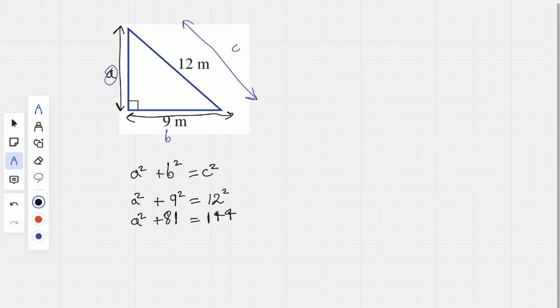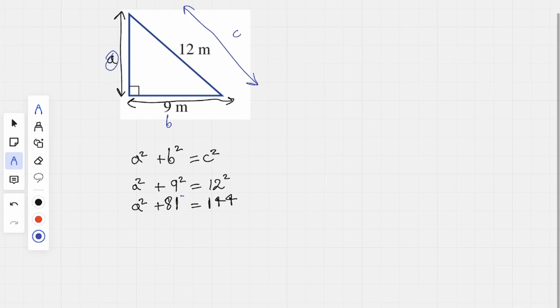Now we minus 81 from both sides in order to remove the 81, and we therefore get A squared is equal to 63.